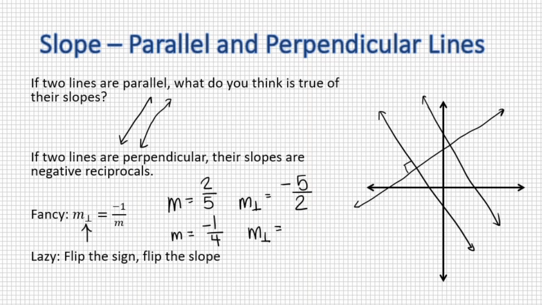It becomes positive. You flip it. It's 4/1, which is the same as 4. And if I gave you an integer 7, my perpendicular slope of 7, flip the number. 7/1 is 1/7, the reciprocal of 7, and make it the opposite sign.